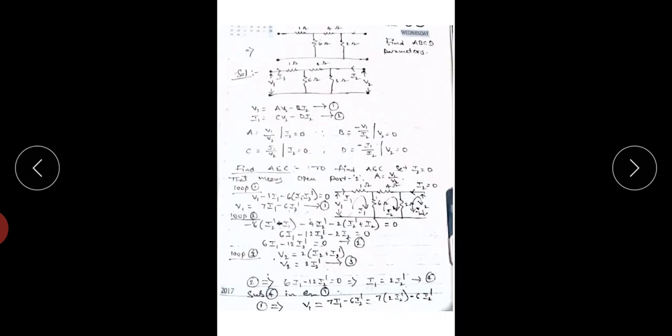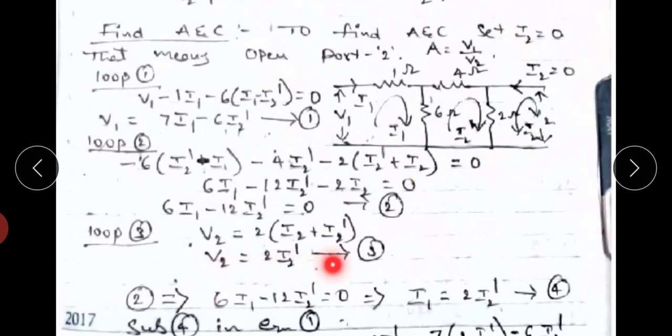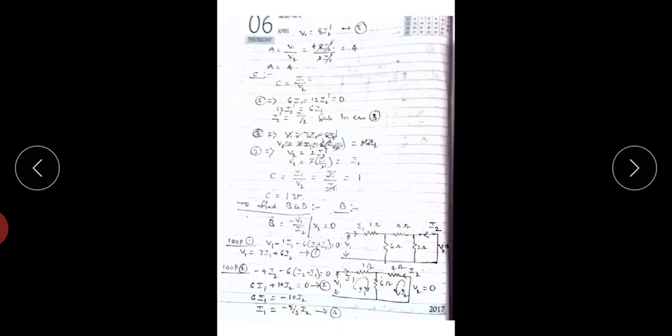So V1 equals 8 into I2 dash, equation number 5. From equation 3, V2 equals 2 into I2 dash. So now find A. A equals V1 by V2, V1 equals 8 into I2 dash, V2 equals 2 into I2 dash, so it equals 4. So A equals 4.